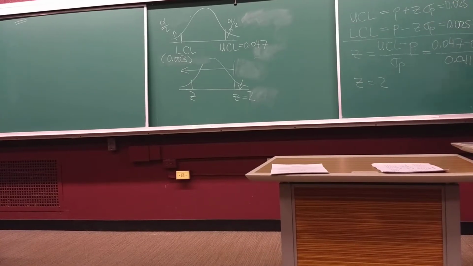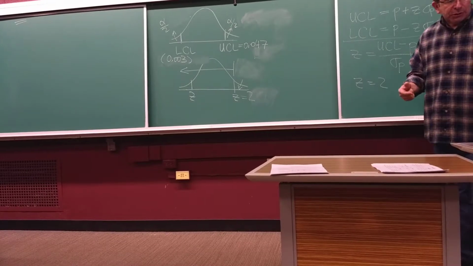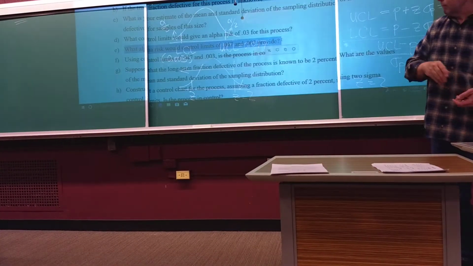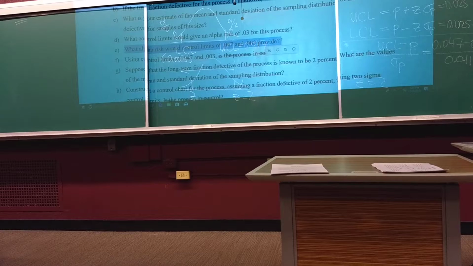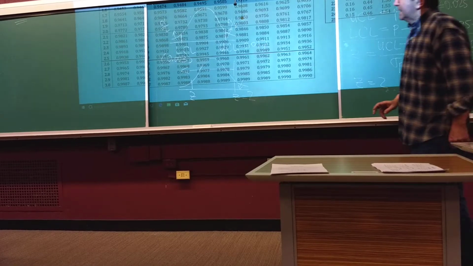So I go from here to here. Z-values. So then let's look up the standard normal table. Okay.